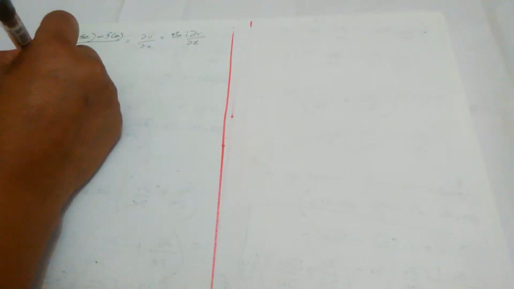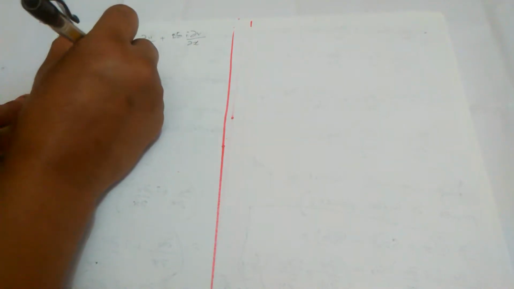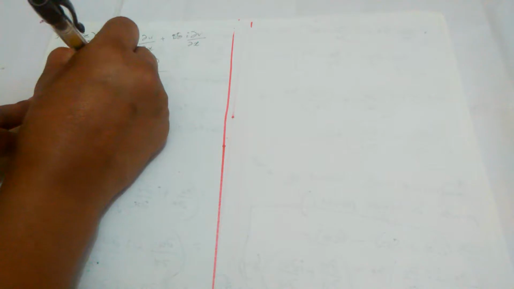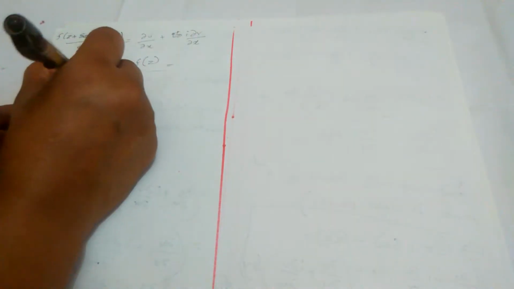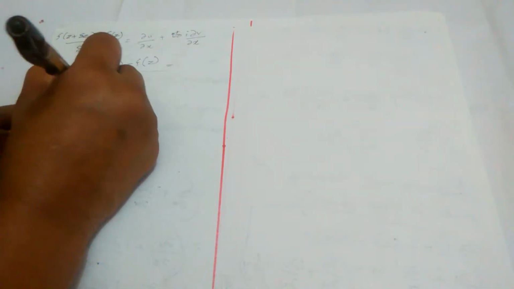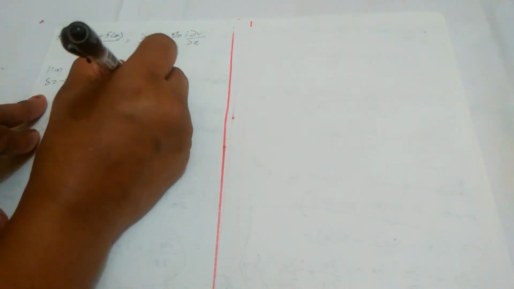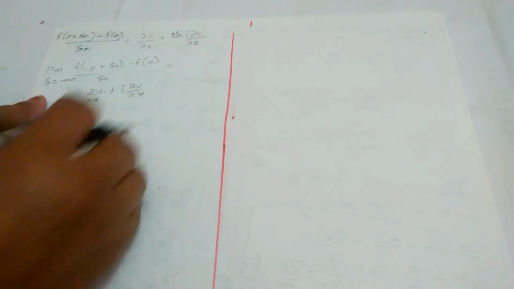limit of Δz tends to 0. So [f(z+Δz) minus f(z)] upon Δz is equal to Δu/Δx plus i Δv/Δx. I hope up till here the terms are clear to you.